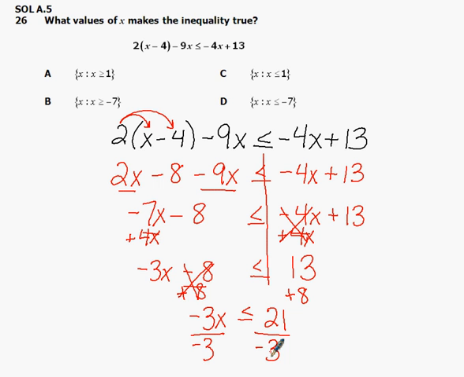So you can see that I'm dividing by a negative 3, which means that x will be by itself, but now I have to flip this sign. It's going to become a greater than or equal to sign, and then a negative 7, since 21 divided by negative 3 is negative 7. So after all that work, we end up with B as our final answer.